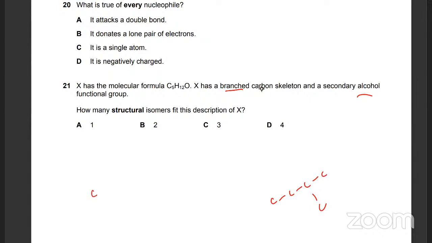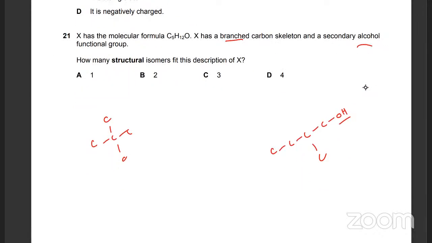What other branches can I have? So these are the 2 versions of the branches that I can have. Then I have to make it an alcohol. And now this one can have many positions for the OH group. It could be over here. It could be on the middle one.